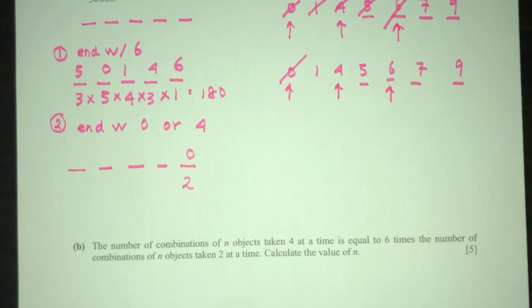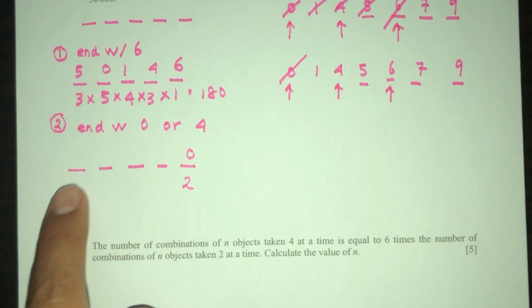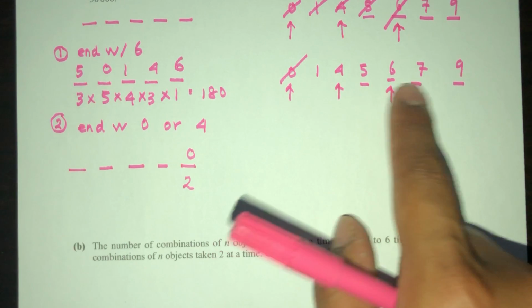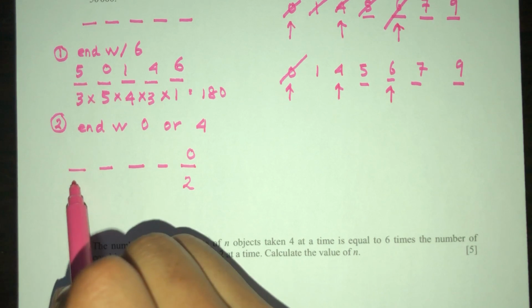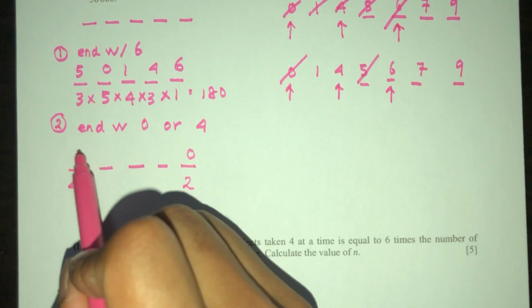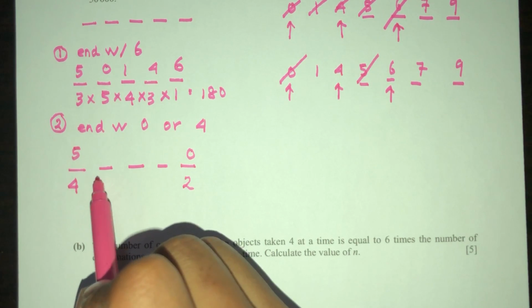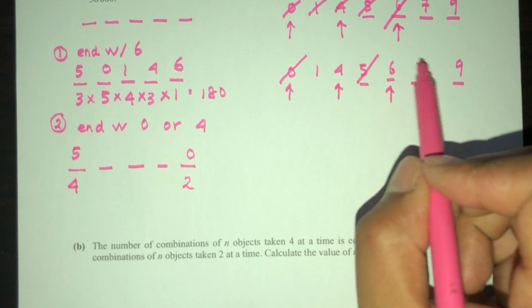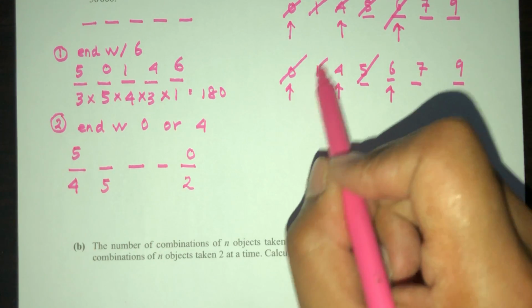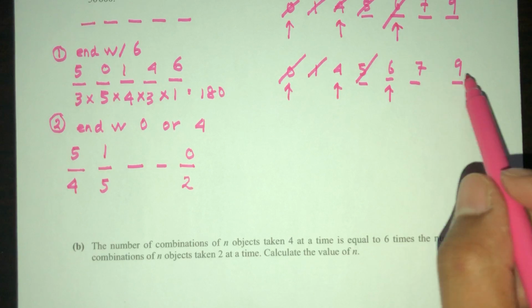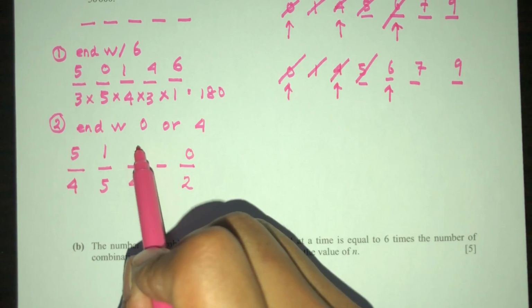Now, if you end with 0, to be more than 50,000, we have to begin with 5, 6, 7, or 9. So we have 4 options. Let's say we choose 5. Now here we will have remaining 1, 2, 3, 4, 5 options. So 5 options. Let's say we choose 1. Here we'll have remaining 4 options. Let's say we choose 4.